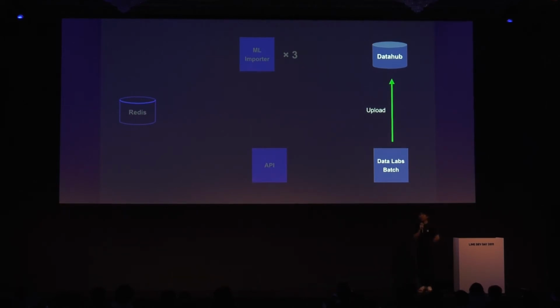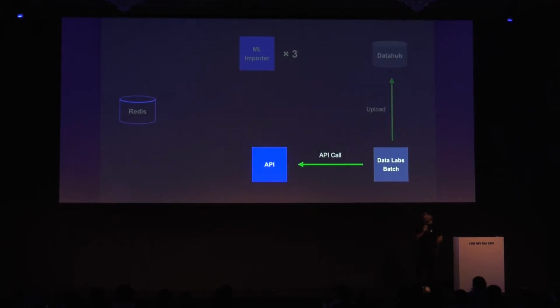When I talked about recommendations generated by machine learning, I said that there is a team called Data Lab issuing recommendations. After the recommendation file is generated, the Data Lab team uploads that to Data Hub, a storage server.